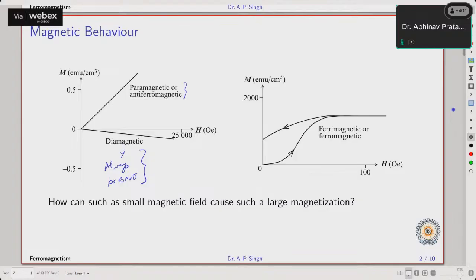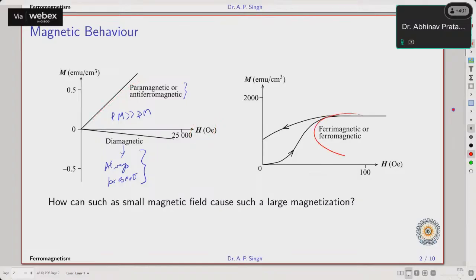Because the paramagnetic behavior or any kind of magnetic behavior is much greater than the diamagnetic behavior. So this is what happens in case of diamagnetic material. It slightly decreases when you apply a magnetic field. And in case of paramagnetic material, it is along the direction of H, therefore this value is positive and it increases linearly with the magnetic field.